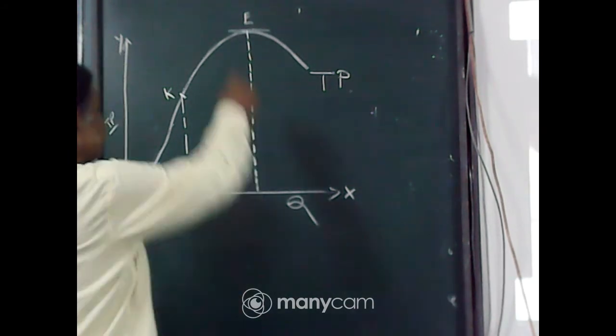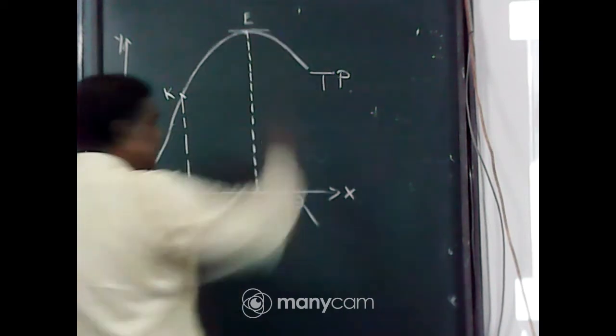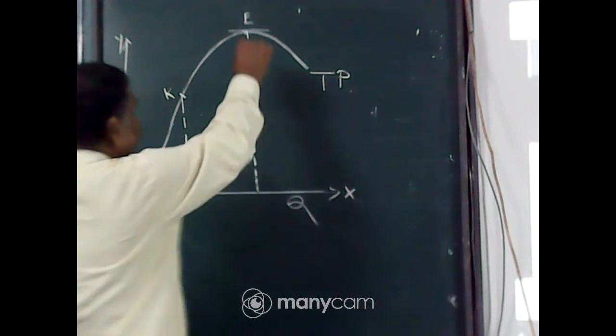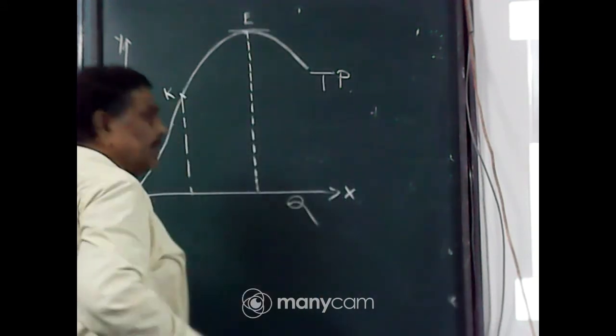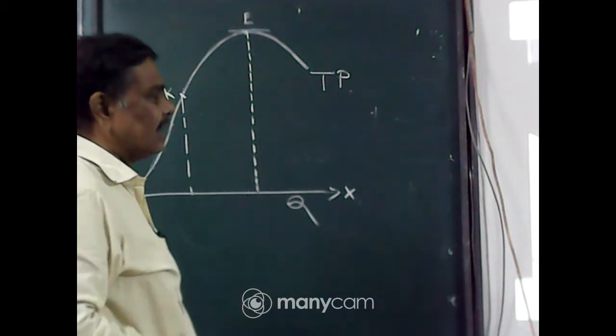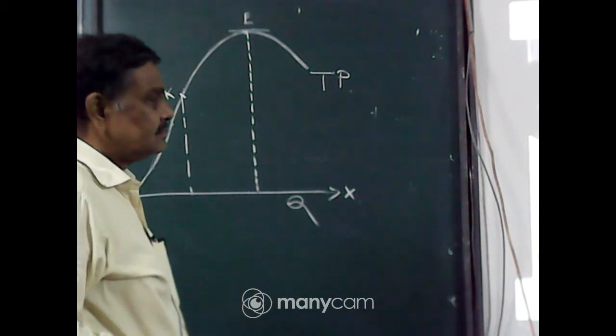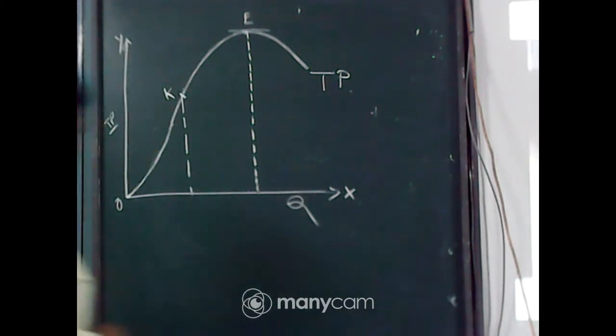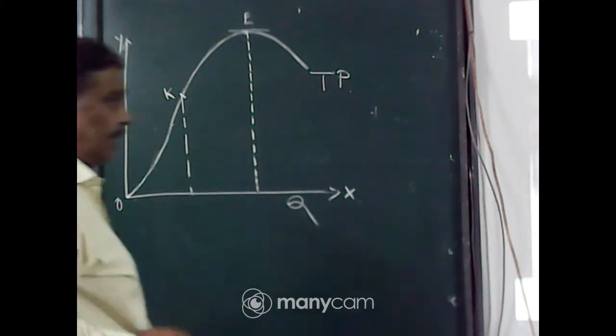And after reaching this point E, it will be stable and decline. If you want to produce more by increasing variable factor, the total product will decline. Is it clear?